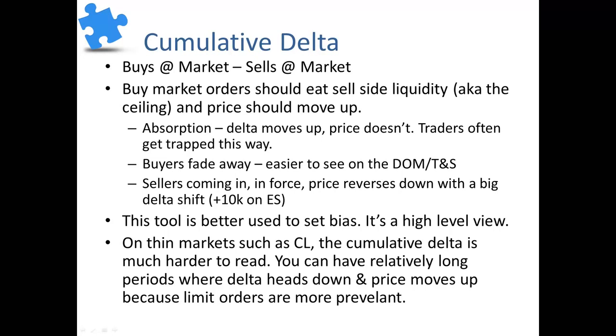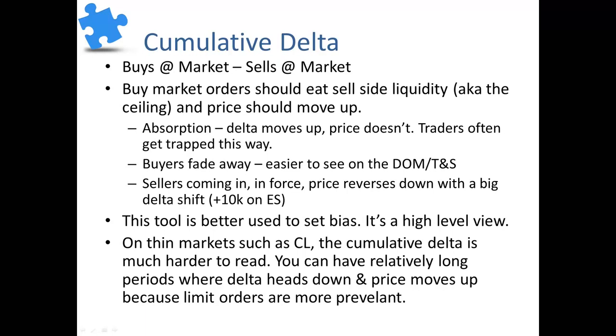So most of the time, when you see the absorption on the cumulative delta, the amount of buying that has been absorbed by the sellers is quite huge. And when you see a huge amount of absorption, the end result is usually that the ceilings get consumed and we get a nice pop up as those sellers bail out.